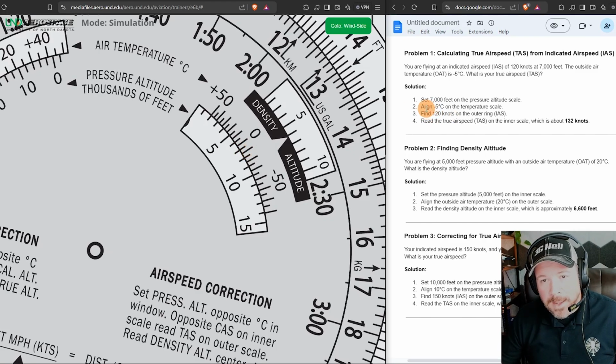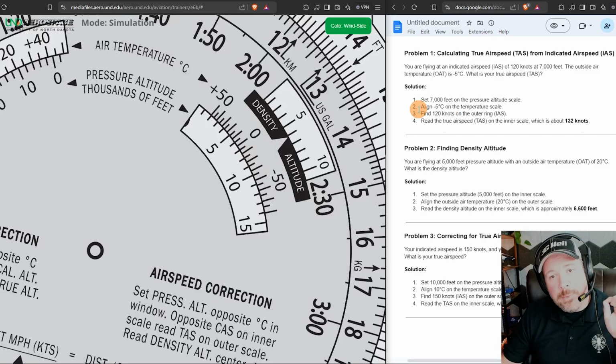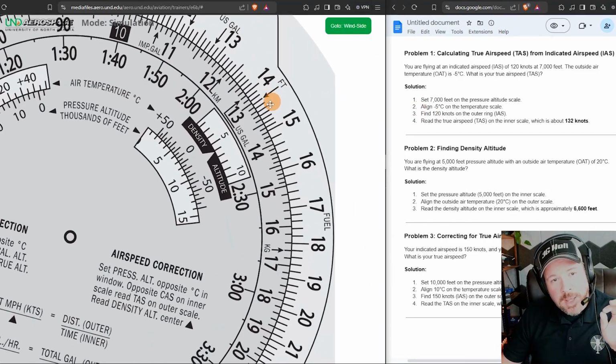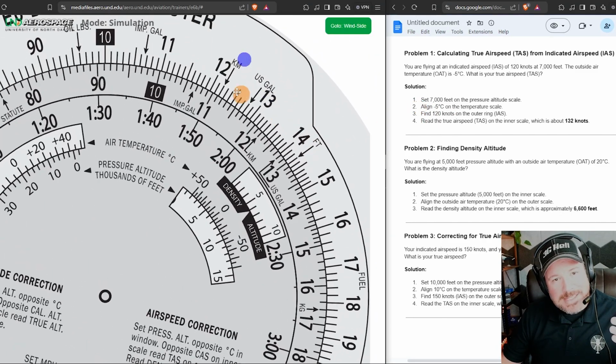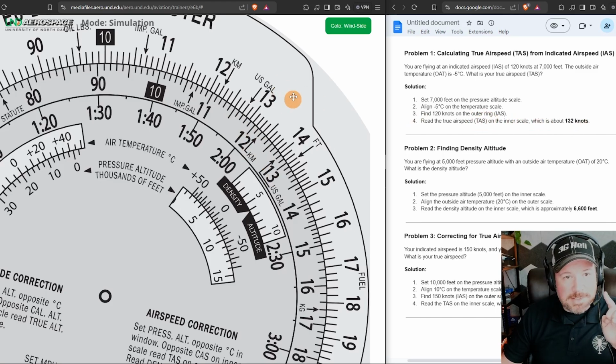Okay. Now this one's a little counterintuitive, and I want you to pay attention, because normally we would go from the outside in, meaning find 120 knots on the outer ring of the IAS, the indicated airspeed. What it's actually saying is the outer of the ring here. And then read the true airspeed on the inner scale, which is this one here.